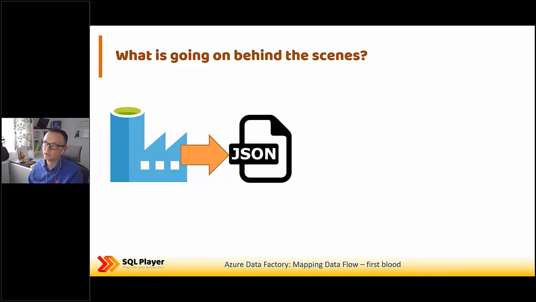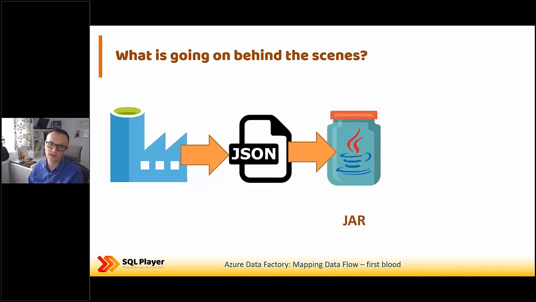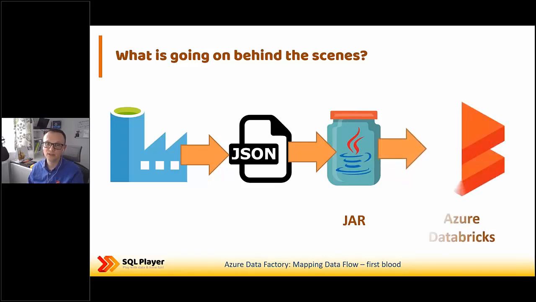But when you run this pipeline or data flow, the JSON code is understood by the engine, converted and compiled to a Scala jar library, and then deployed to Azure Databricks.